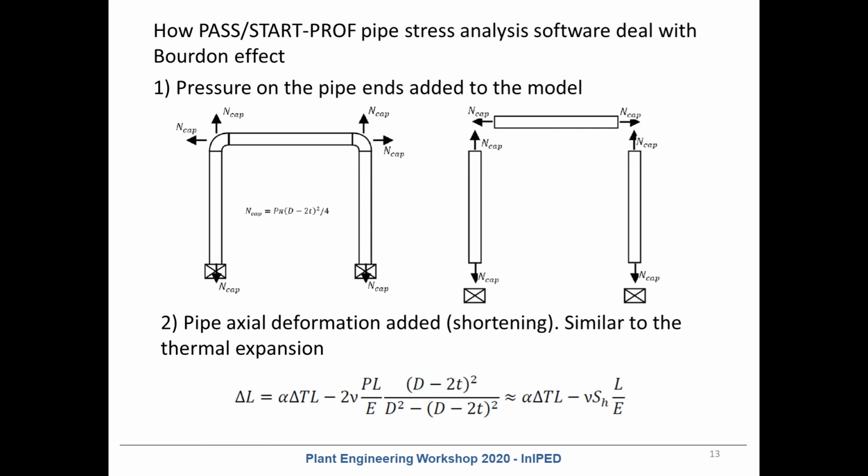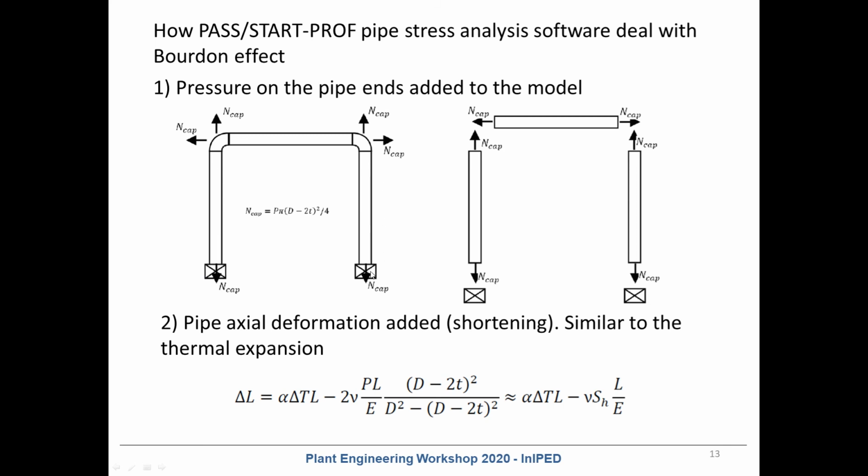So each pipe has a special load on both ends, and it is equal to the pressure multiplied by the end cap area of each pipe. So if you have a model like this and you analyze it, you will see some deformations, some displacements, and some support loads caused by internal pressure.